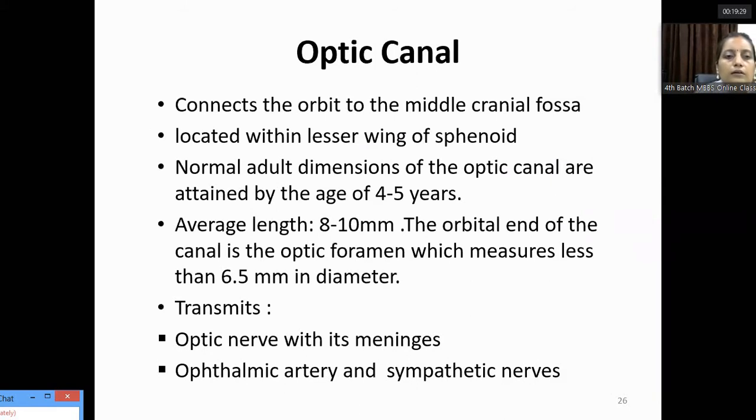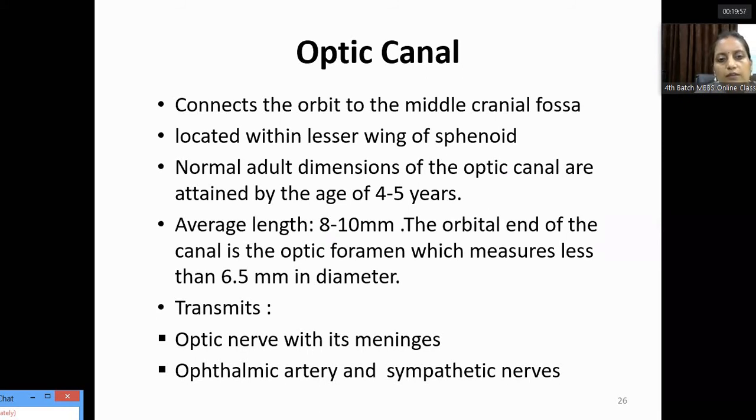The adult dimension of the optic canal is attained by the age of 4 to 5 years, and its average length is 8 to 10 millimeters. The orbital end of the canal, the optic foramen, measures less than 6.5 millimeters in diameter. It transmits the optic nerve with its meninges, the ophthalmic artery, and sympathetic nerves.